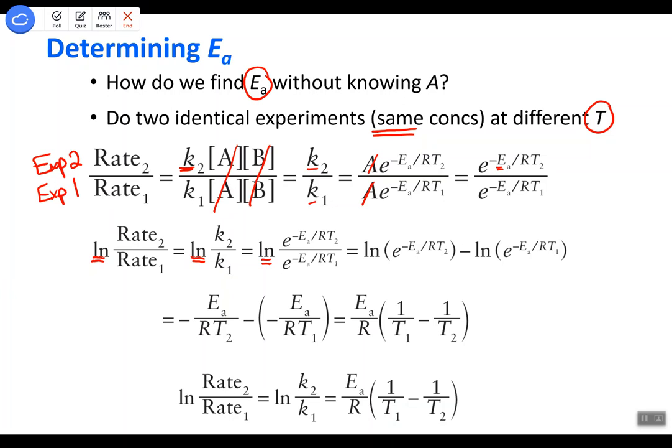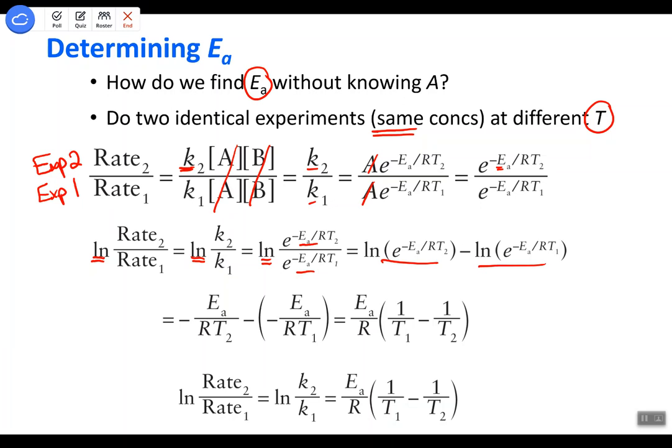Now, if I have ln of a fraction, another way that I can write that out is the numerator minus the denominator. So I can rewrite this equation following mathematical rules, where it's the numerator minus the denominator.